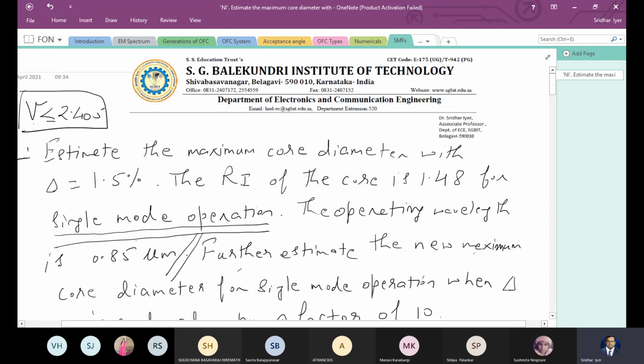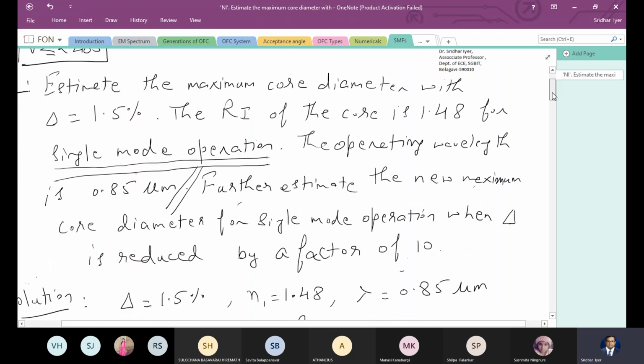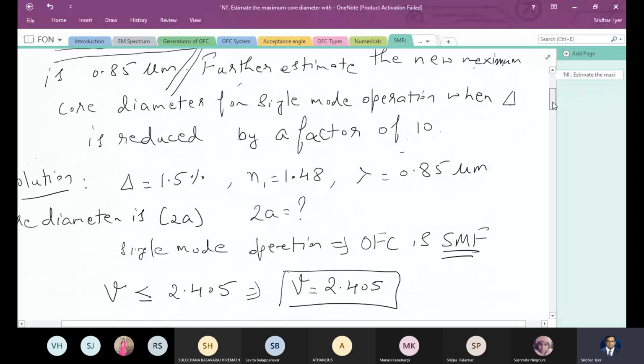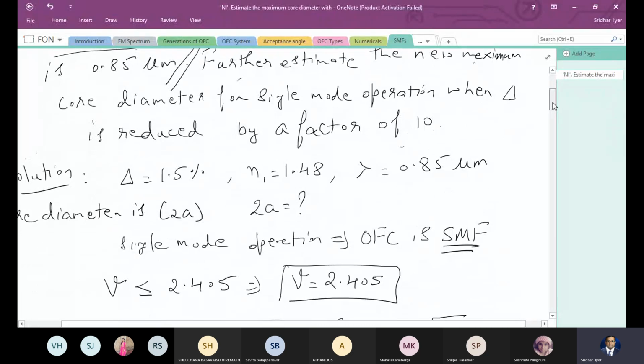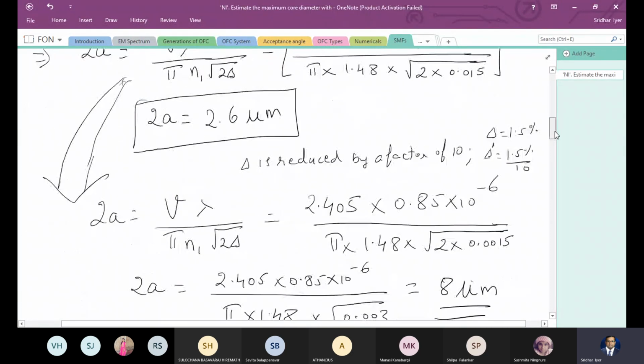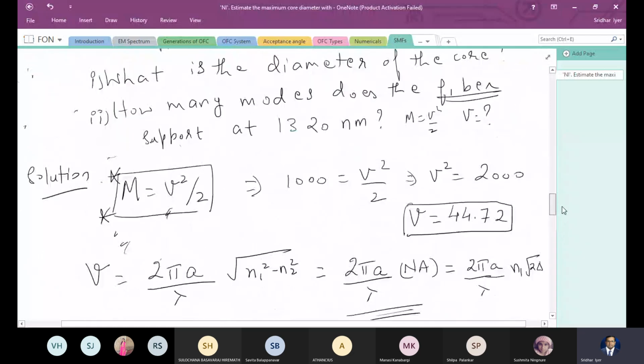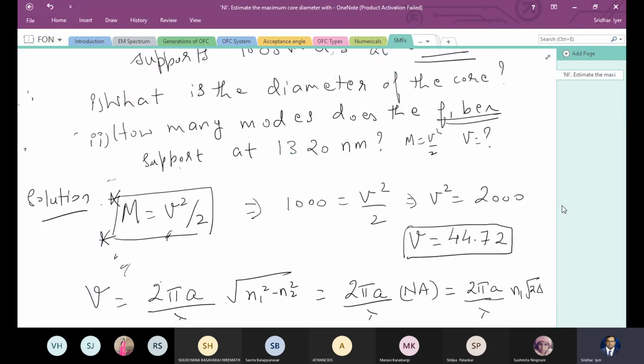This has been found experimentally, so we are just going to follow that, and based on this we have solved many numericals, like if it is a single mode operation, calculate the wavelength of operation. If there's some change in a parameter like delta, what happens to the wavelength of operation, and so forth.